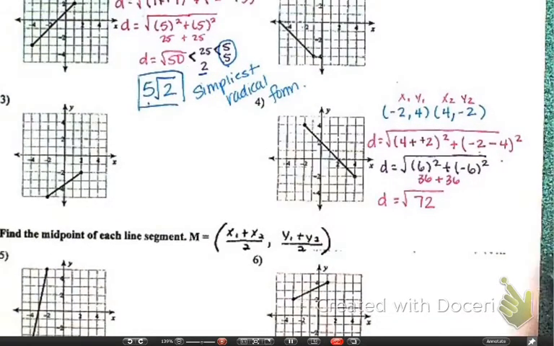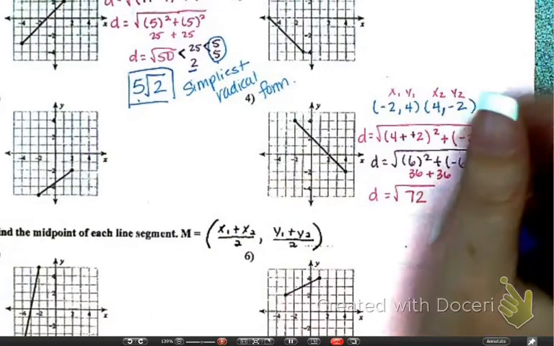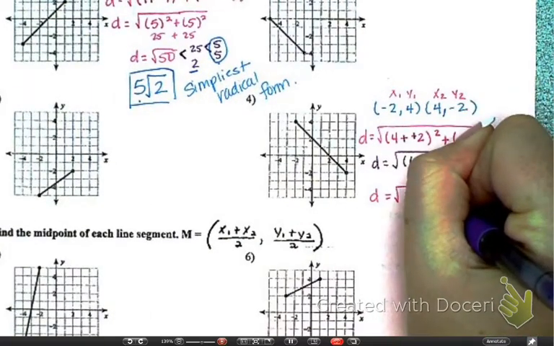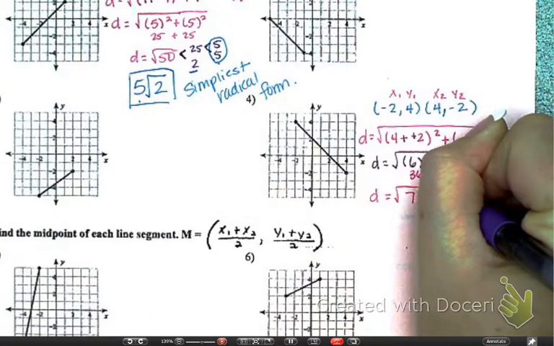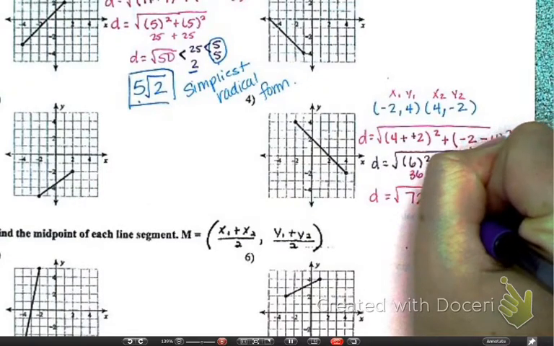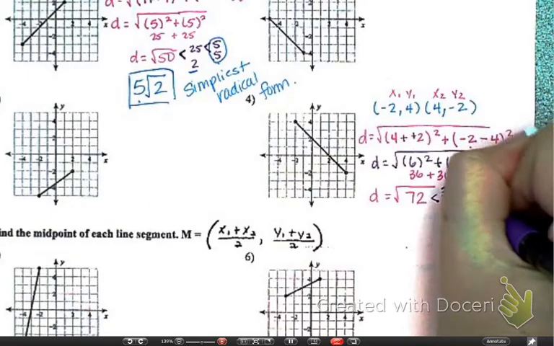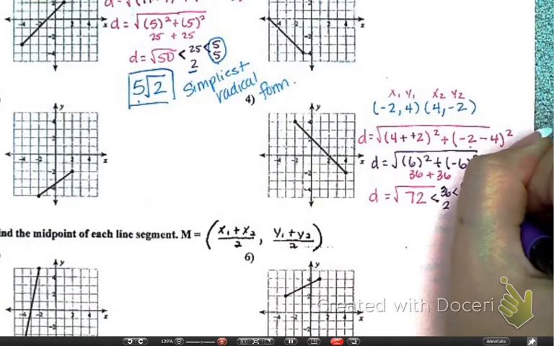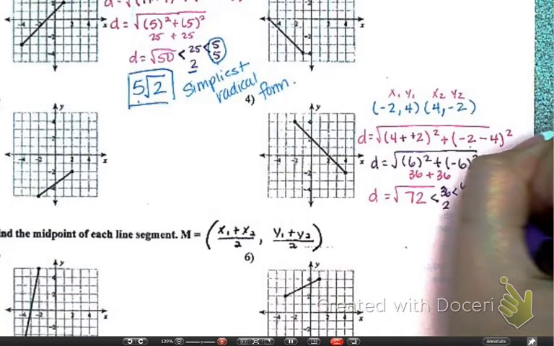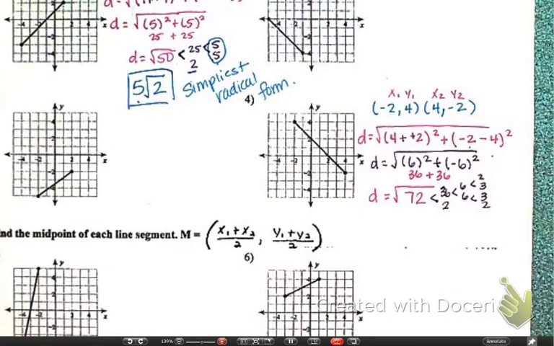Give me two numbers that multiply to 72. Okay, 36 times 2. 36 breaks down to 6 and 6, and then 2 and 3, and 2 and 3. What do you see pairs of?